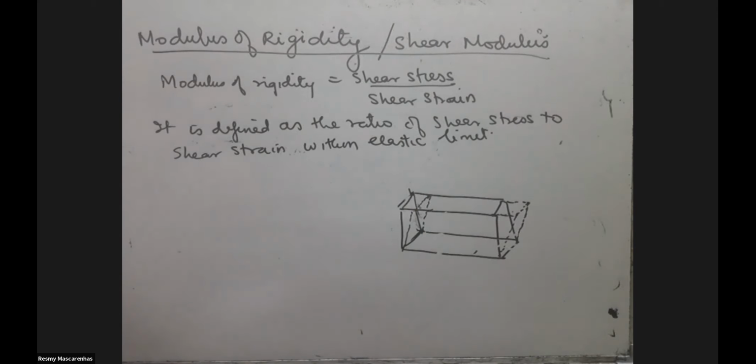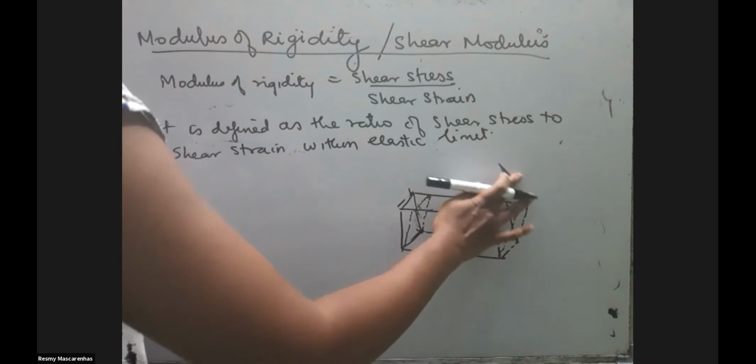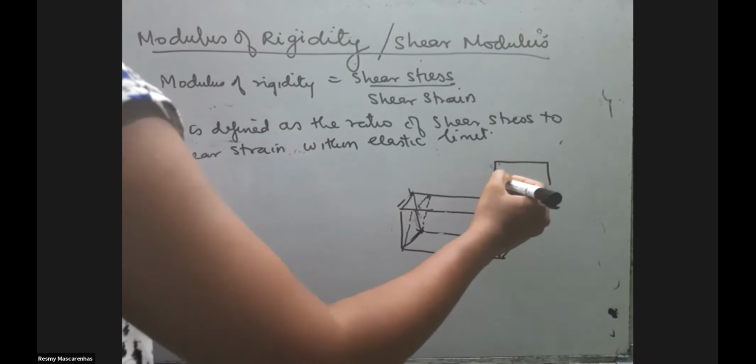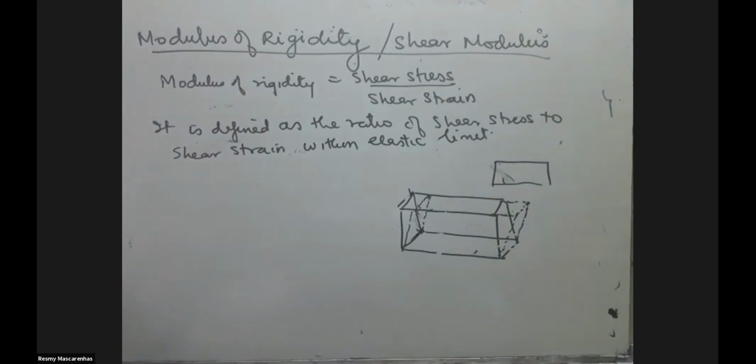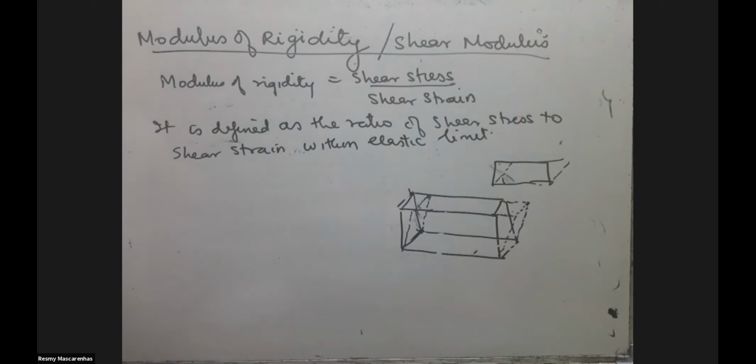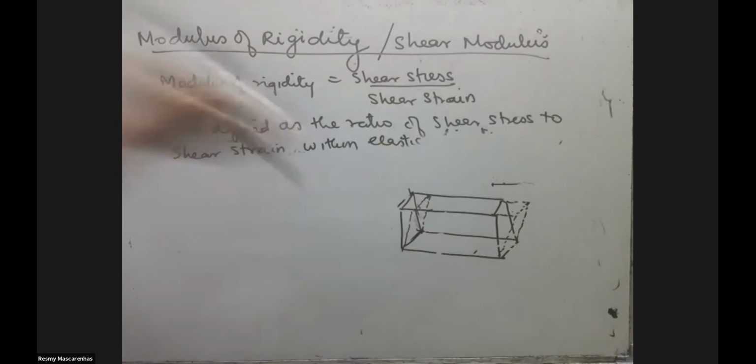If you're not comfortable drawing the 3D one, simply draw the normal one, how I did before. Like this. In the previous class, I had given you the 2D one. You can draw that also, no problem.